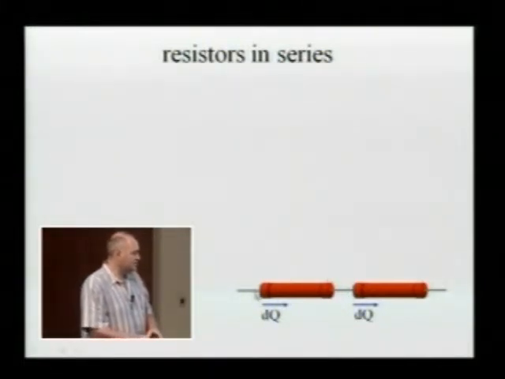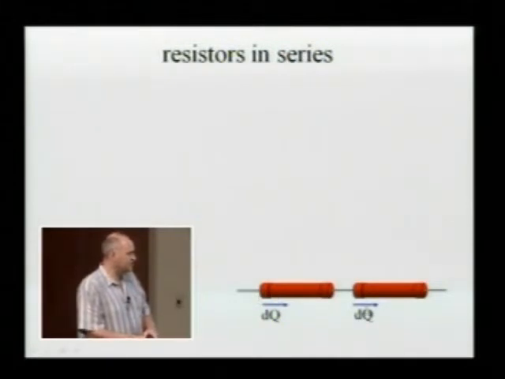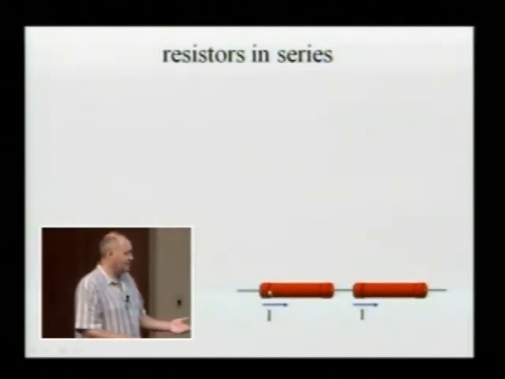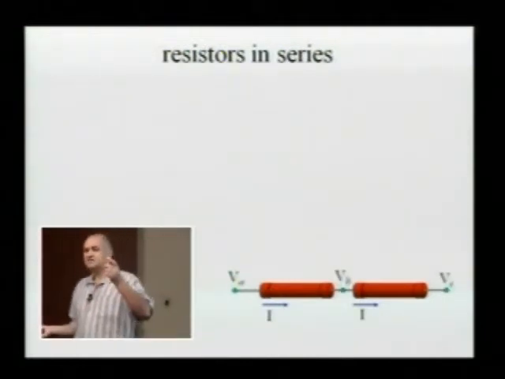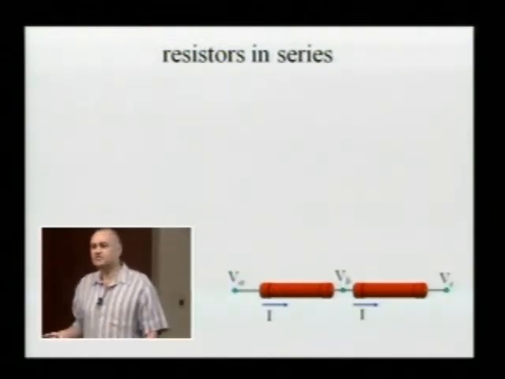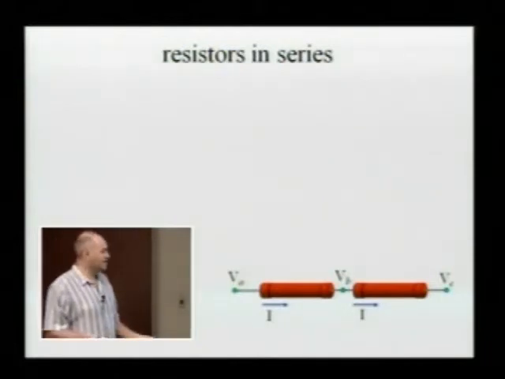So if charge dq enters this element, charge dq enters the second element. If I divide it by the time in which it enters the resistor, I will get it in terms of currents. If elements are connected in series, currents flowing through the elements are equal as well.